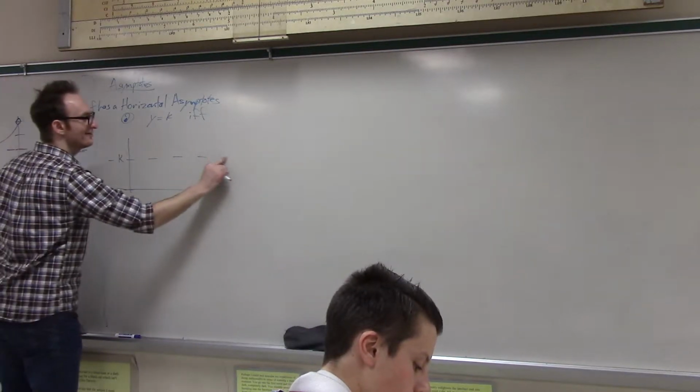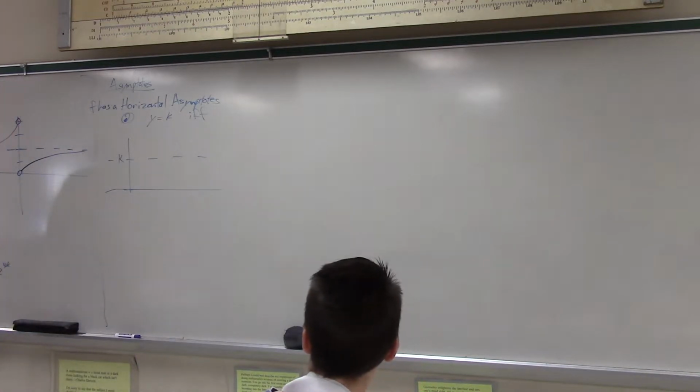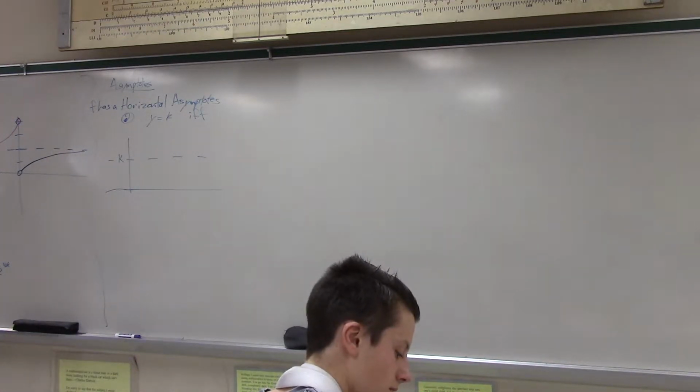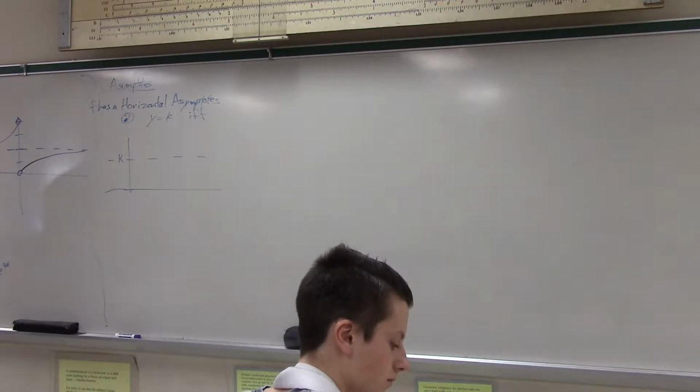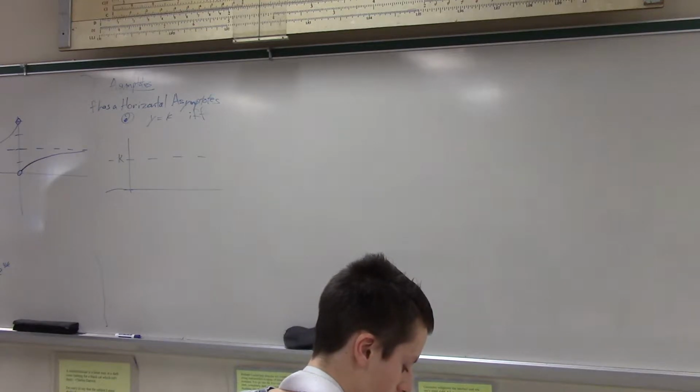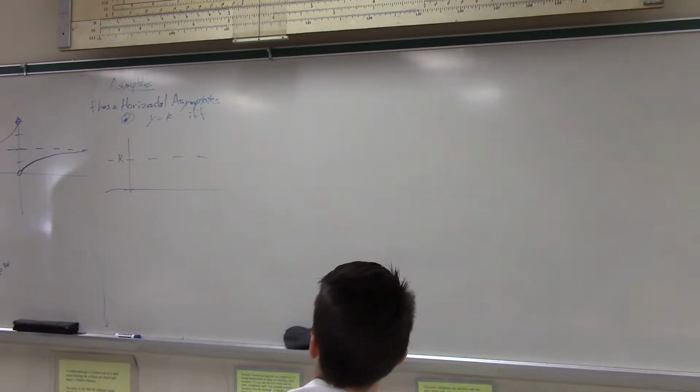Not quite that it never reaches k. Or it has a limit at k. Yeah, specifically what kind of limit? As x goes to infinity or negative infinity. Yeah, exactly. That's it, right?